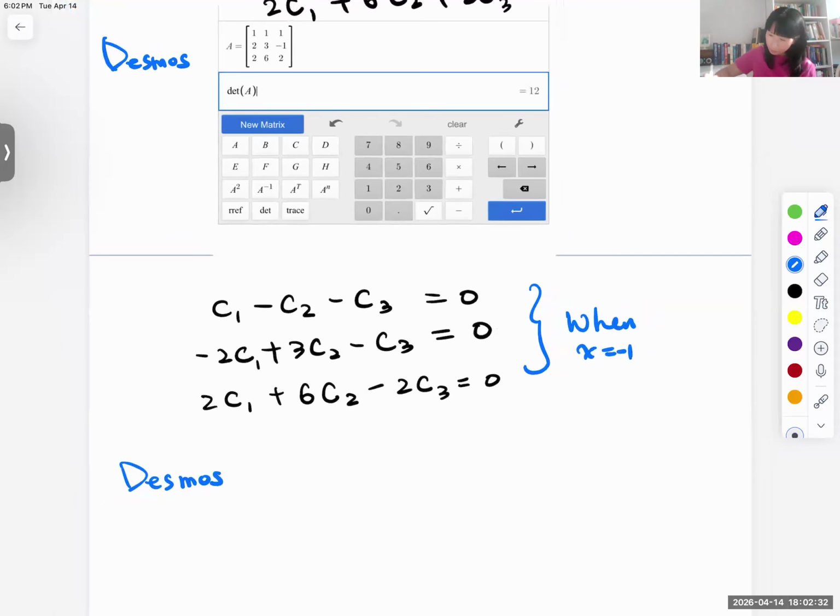Okay, the determinant using that in decimals. A equals negative 12, which is non-zero too, right? So this is non-zero, non-zero, and this is non-zero.